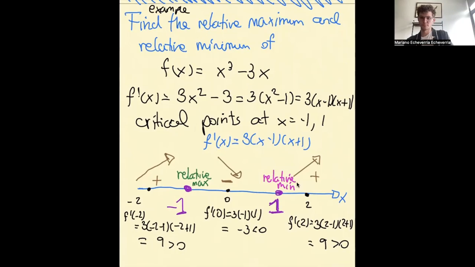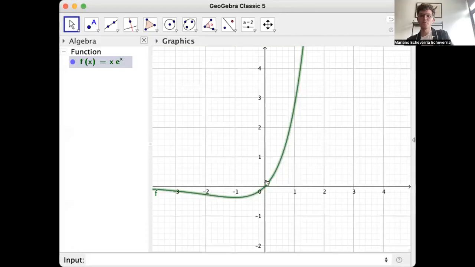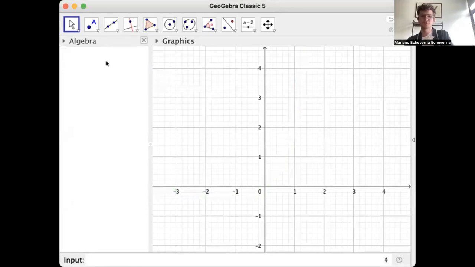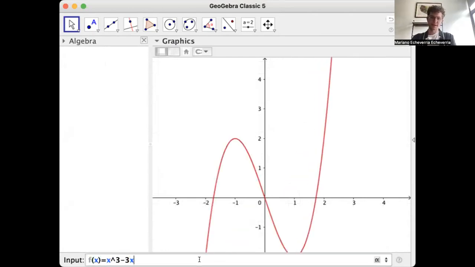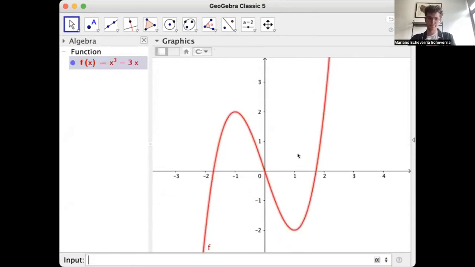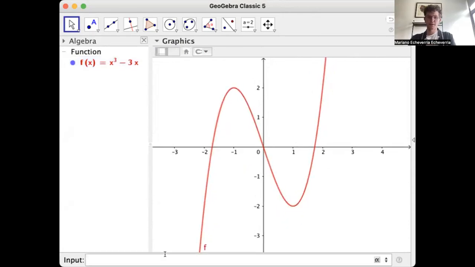So we'll learn about how to sketch these functions in a bit, but at least let's cheat a little bit and I'll show you how this looks. If you take f of x to be x cubed minus 3x, you get this function, right? One critical point was -1, f of -1.